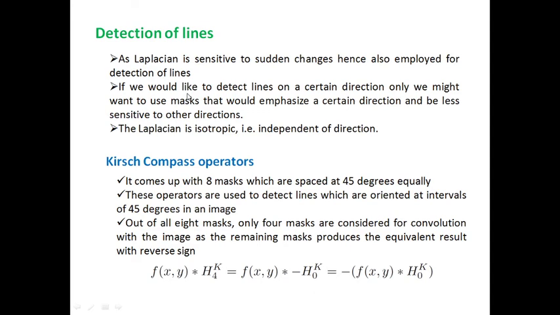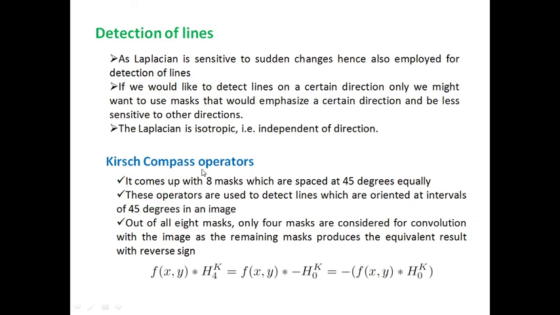If we would like to detect lines in a certain direction, we use a certain mask that will detect whether the lines are present in certain directions. As an example, I take into consideration the Kirsch compass operators. So how these Kirsch masks are helpful in detection of lines, we will discuss now.